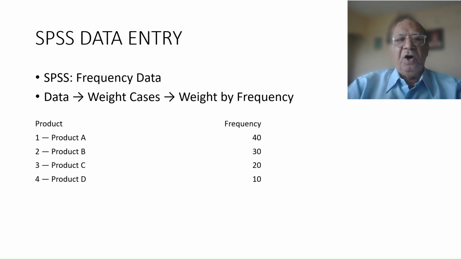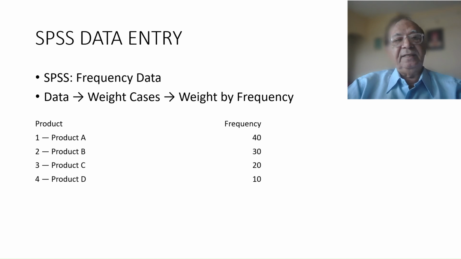Now let us perform the test in SPSS. We could enter 100 individual observations, but as we learned in the previous video, there is a much more efficient method when summarized frequency data are available. Enter 4 rows. First variable identifies product category.